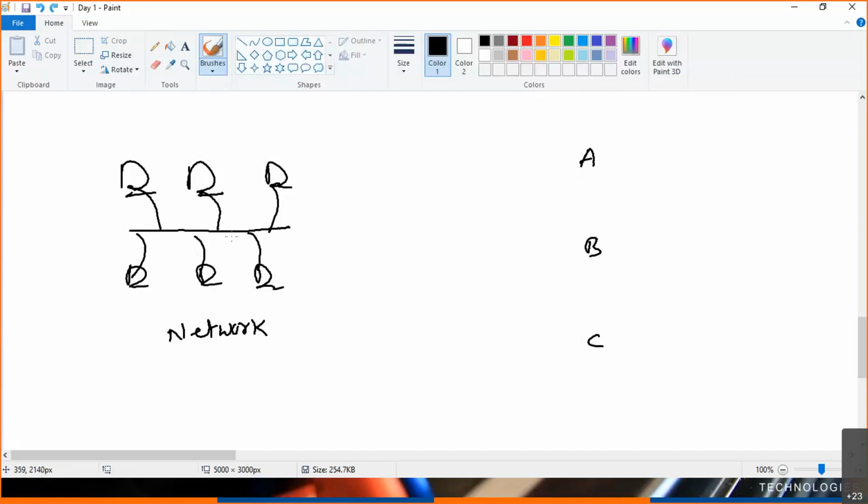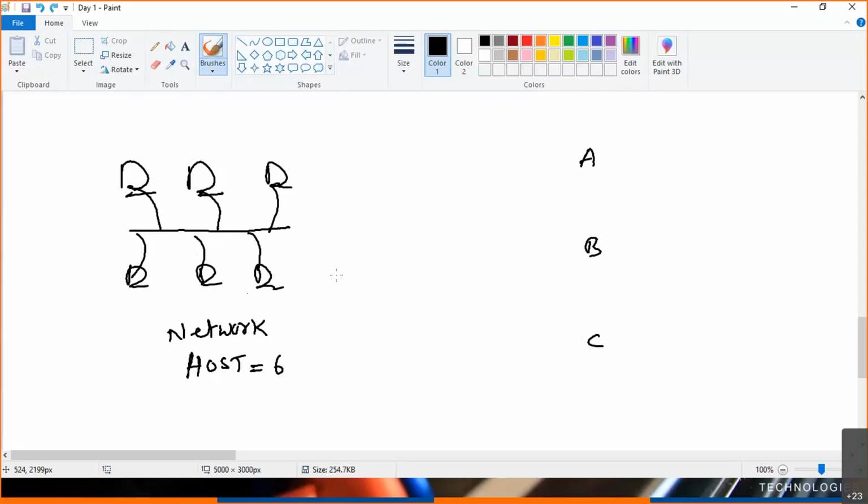In this diagram, how many devices are interconnected? 6. A device in a network we call a host. So here we have 6 hosts. Two or more hosts interconnected is what we call a network, right?